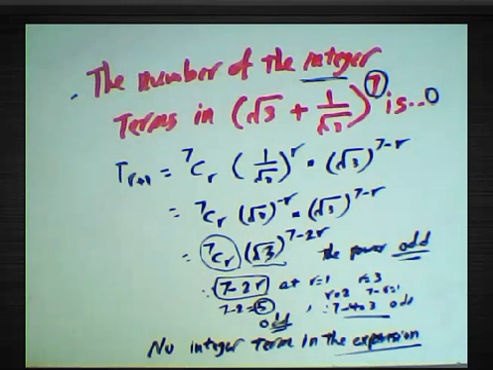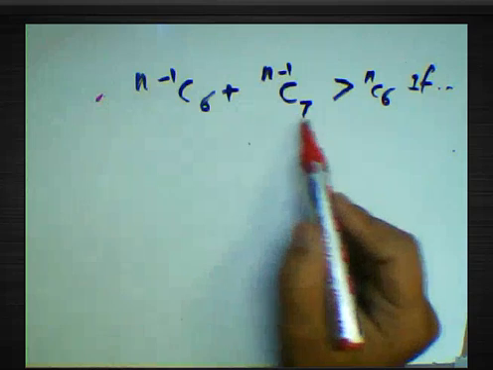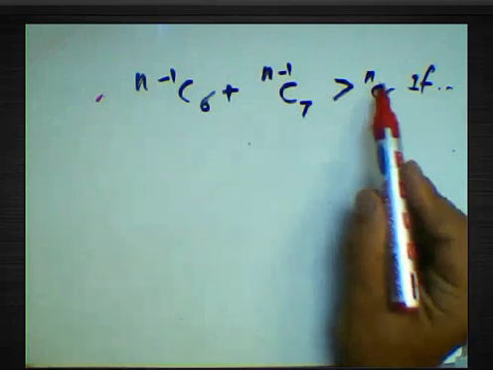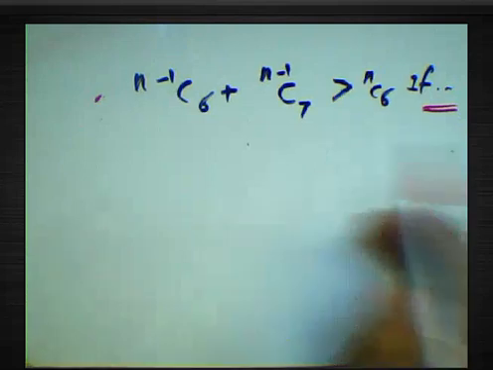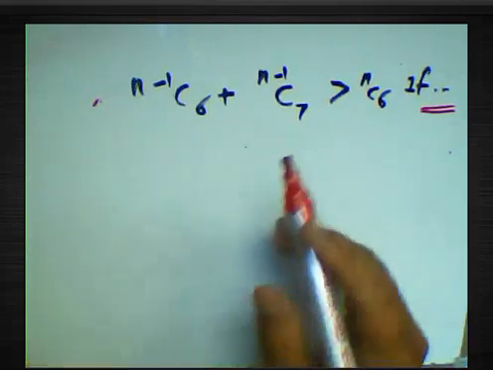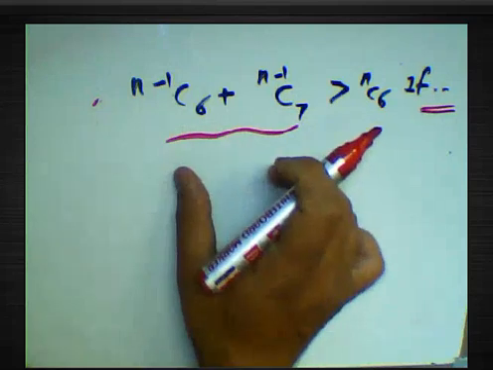Okay, number equals 0. Look here: n minus 1 combination 6 plus n minus 1 combination 7 greater than n combination 6, find n. If n is greater than 13 or 12, we must add them here because we have two consecutive combinations.